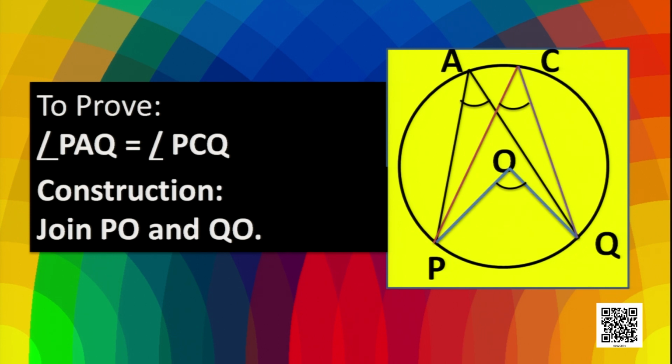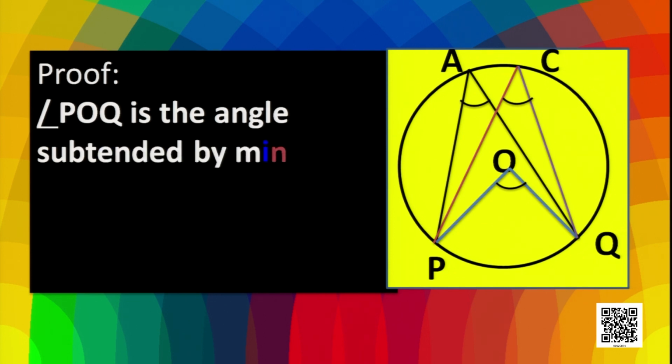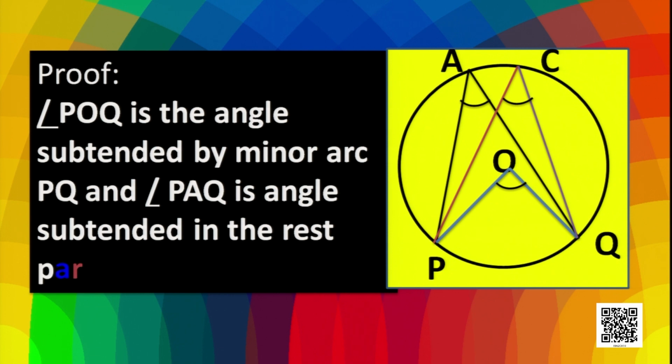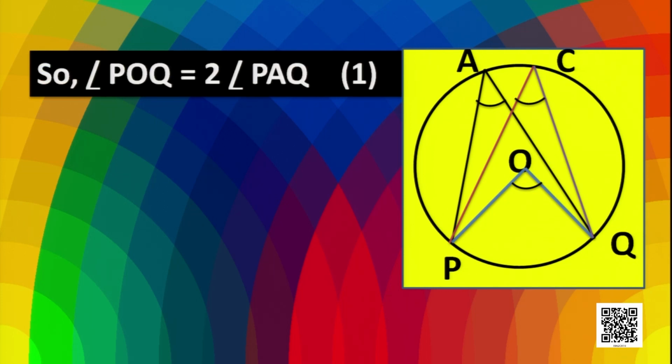Now the logic says that if POQ is the angle subtended by minor arc PQ and PAQ is angle subtended in the rest part of the circle, then what is the relationship between these two angles? The relationship says that angle POQ is equal to twice the angle PAQ. Let it be equation 1.